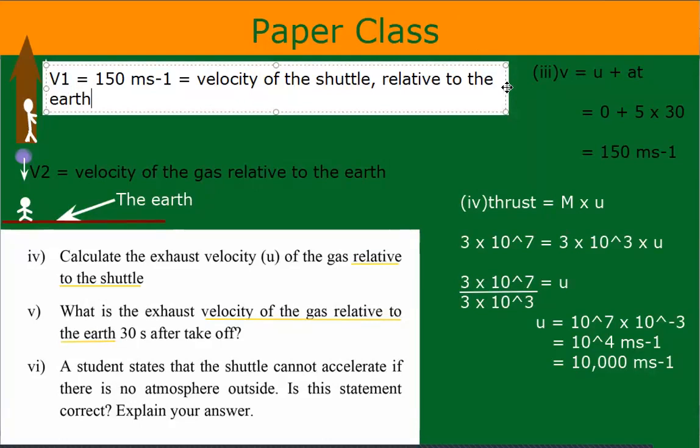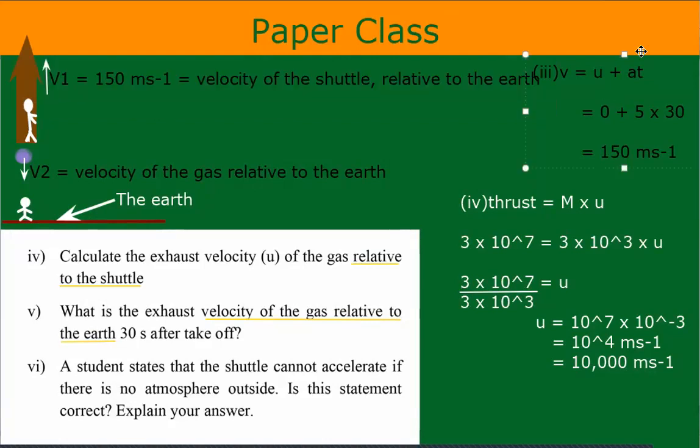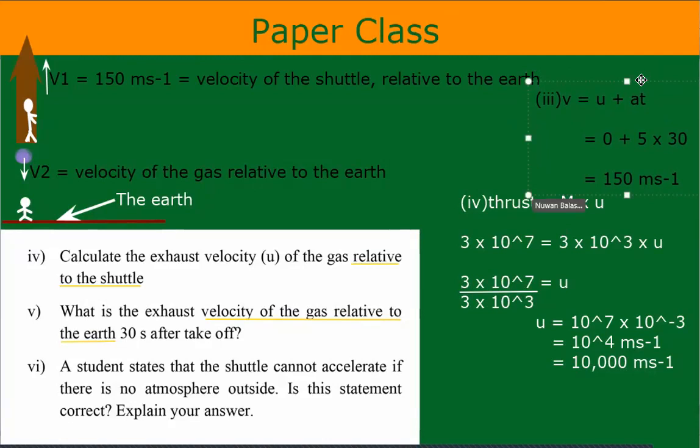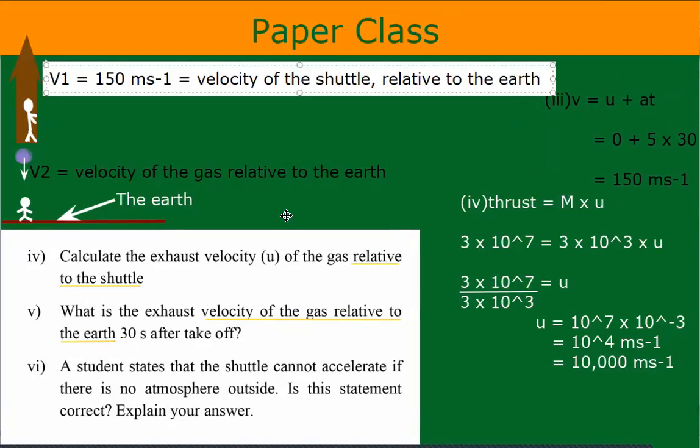Therefore, the relative velocity is the summation of the two velocities.